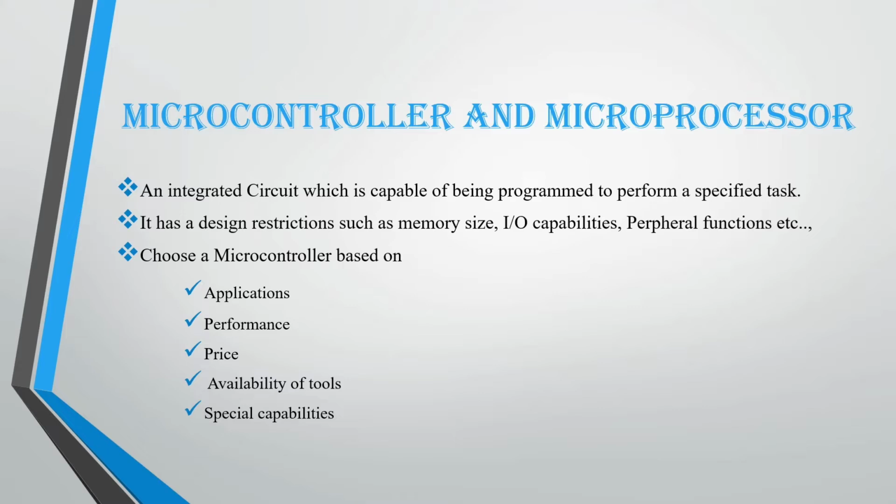Simply an integrated circuit which is capable of being programmed to perform specific tasks. It has some design restrictions such as memory size, I/O capability, and peripheral functions. A microcontroller can be chosen based on applications, performance, price, availability of tools, special capabilities.